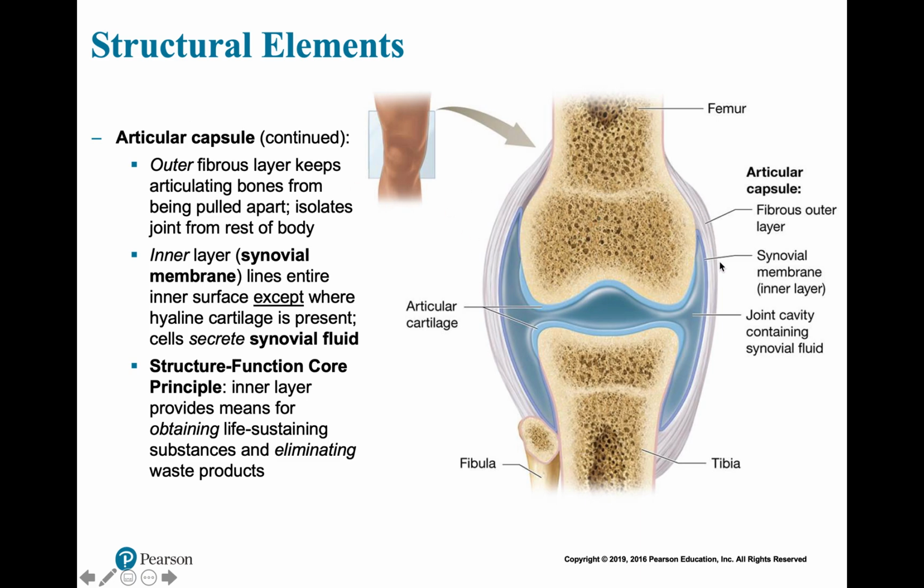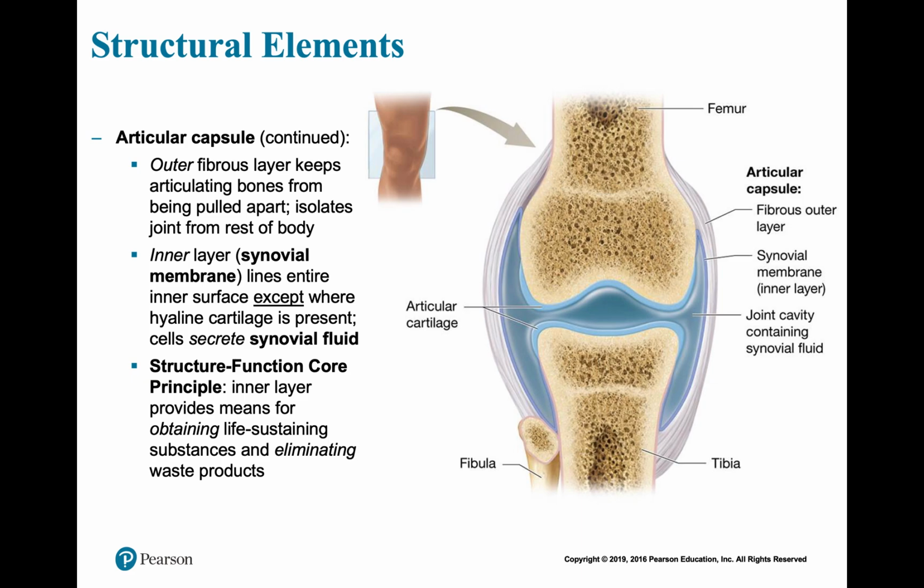Let's talk about the articular capsule first. This outermost structure, this white fibrous connective tissue, is the outer fibrous layer of the articular capsule. The articular capsule is composed of this outer fibrous layer and this inner synovial membrane. Those are the two parts of the articular capsule.